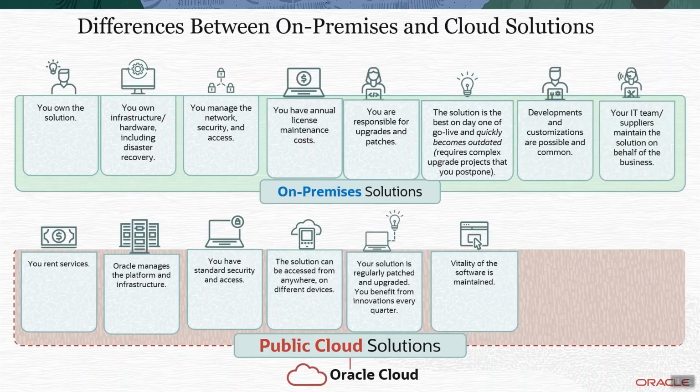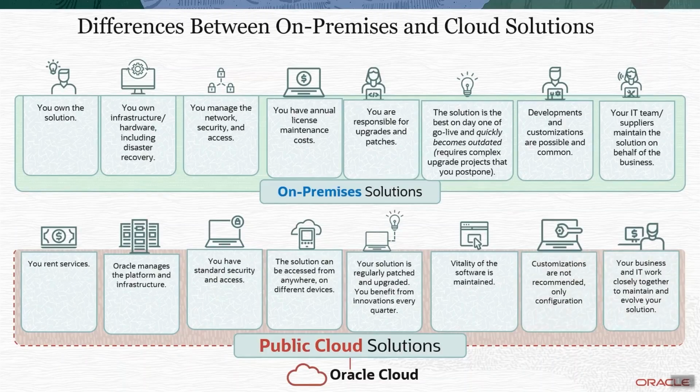Another major difference is that with on-premise ERPs, you're allowed to develop, customize and modify the standard processes, and you don't benefit from the software best practice. This is why your IT team will have to dedicate most of their time to ERP development, and the business team will only be involved at the end of the project to test the modified process.